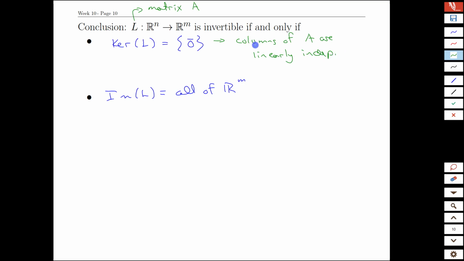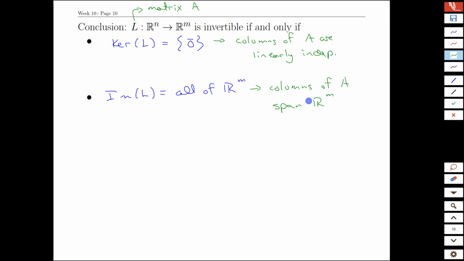The set of columns of A that represent this transformation are all going to be linearly independent. We can't remove any without losing some span. Well, there's something else we learned about matrices and images, and that's that the image of L is equal to the span of the columns of A. So the columns of A, from this image requirement, have to span Rm.